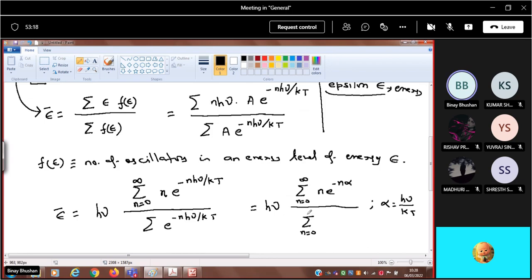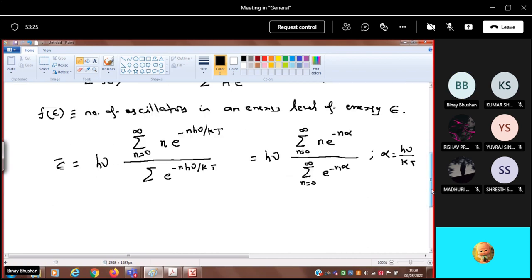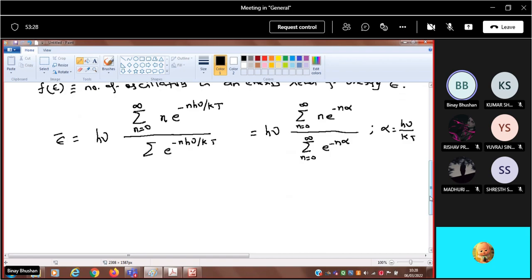So summation n equal to 0 to infinity e to the power minus nα. So now it's only a mathematical treatment. We have to find the summation of numerator and denominator. कर सकते हो तुम लोग? Yuvraj, can you tell the numerator? This numerator is in the form of what? Sir, summation. कौन सा summation है ये?